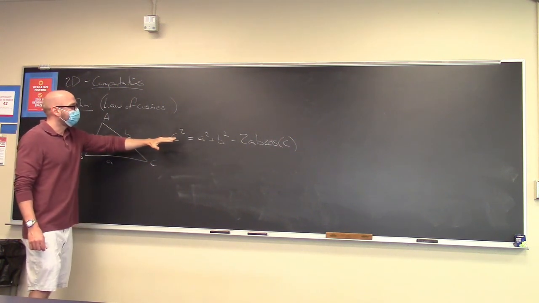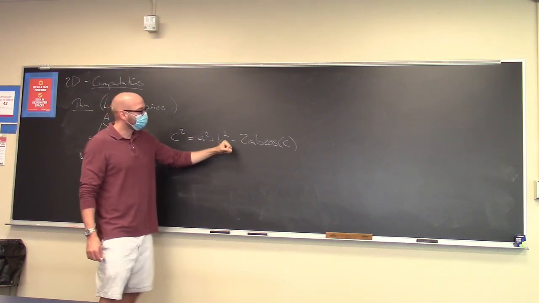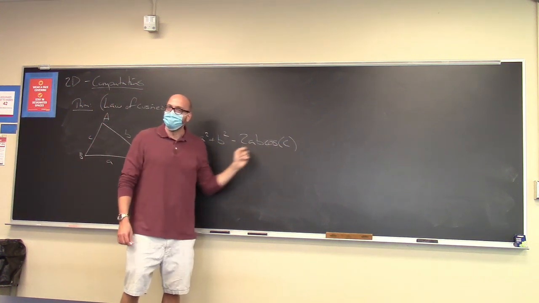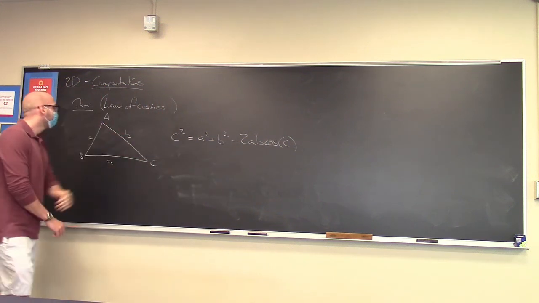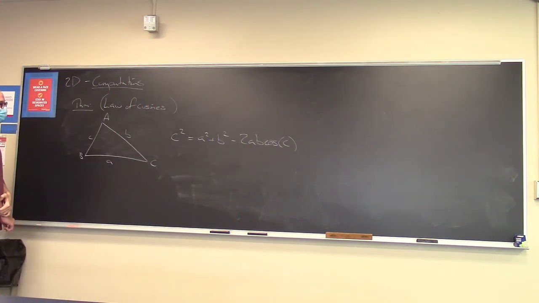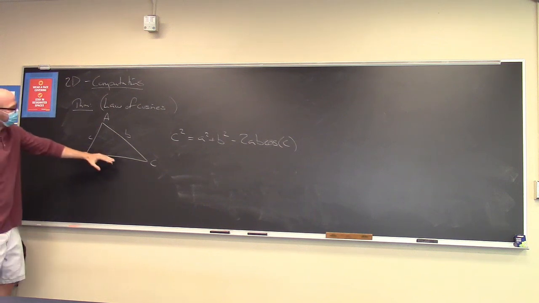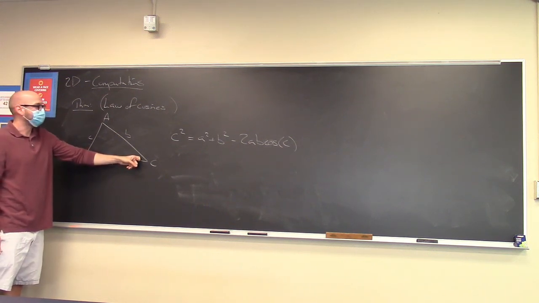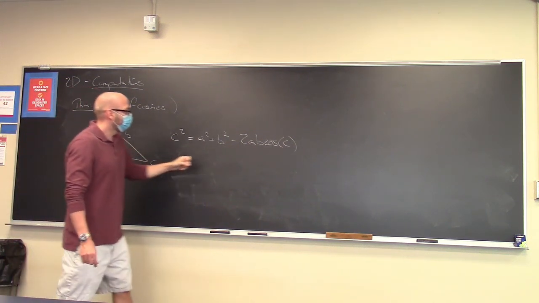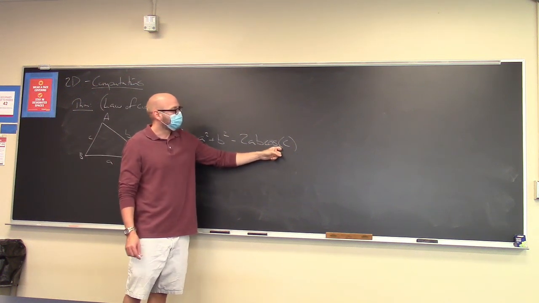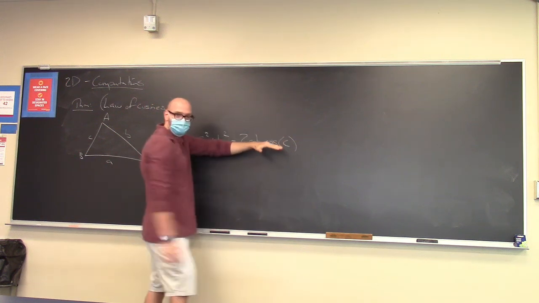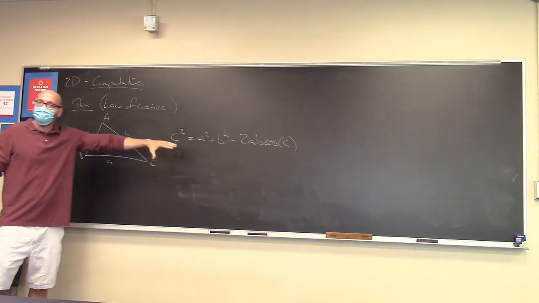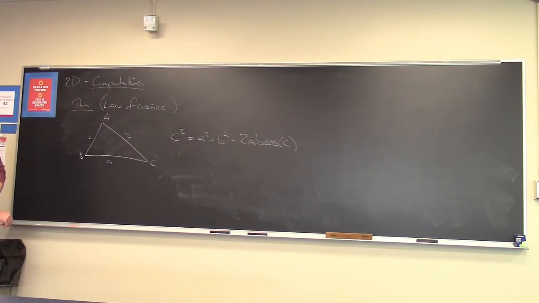Here we have c squared is a squared plus b squared, but with this extra little correction term on the end, minus 2ab cosine C. And in the event that we have a right triangle, well, imagine this is the right angle, cosine of 90 degrees is 0, right? So in the event of a right triangle, that term disappears and you have the Pythagorean theorem. So the Pythagorean theorem is really just a special case of this theorem.